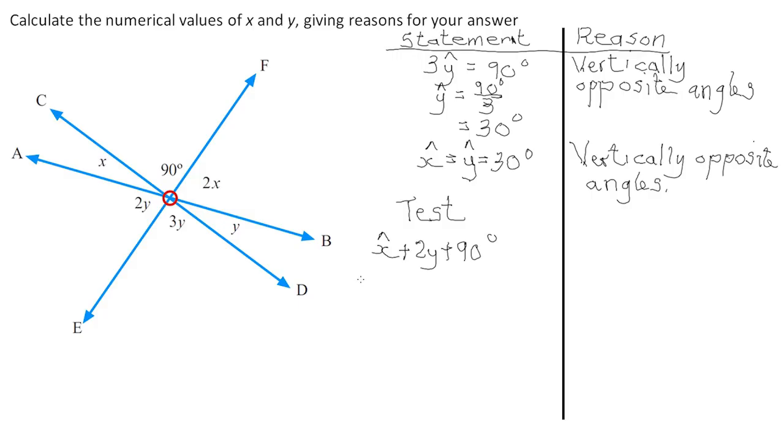Now let's see if it's the case. What is angle x? Angle x is 30 plus what is y? It's also 30 plus 90, and if we add this up, it adds up to 180 degrees.